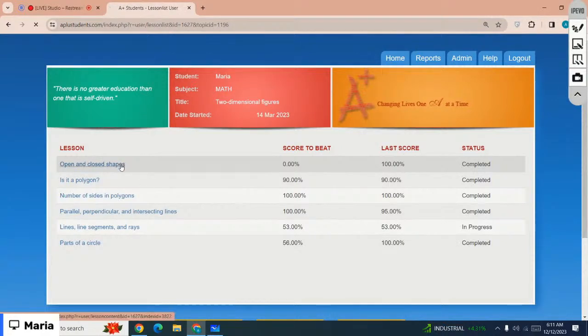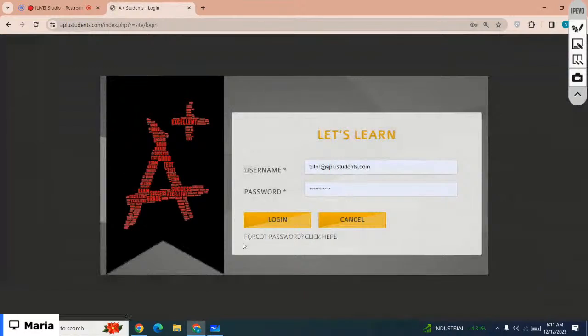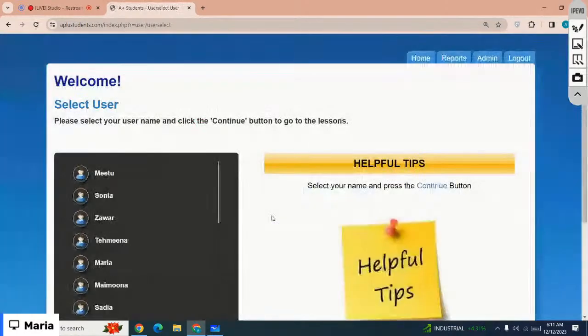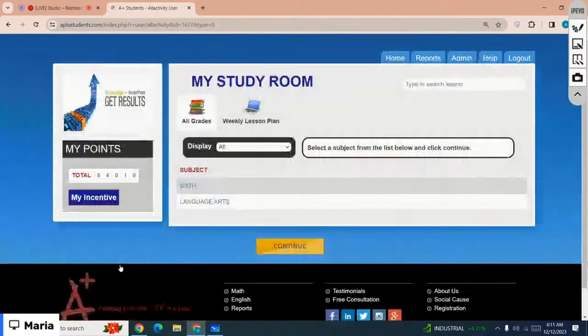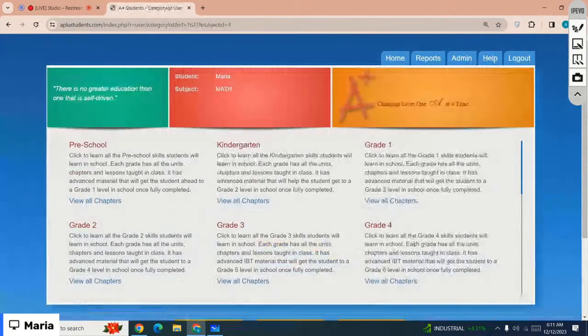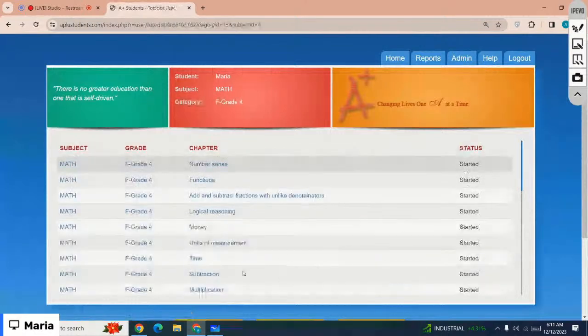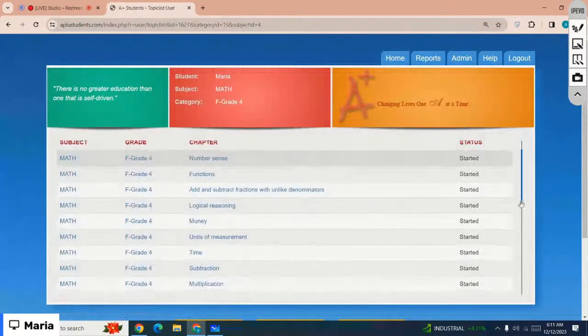So how do we know if a shape is open or closed? If the start and end point of a figure is same, that means that is the closed figure, right?